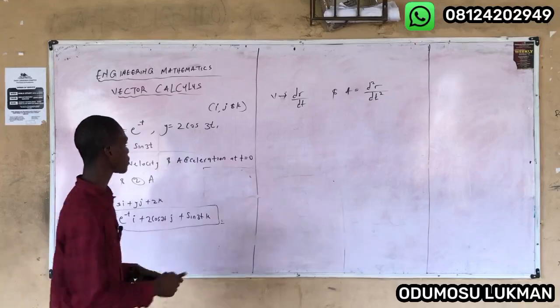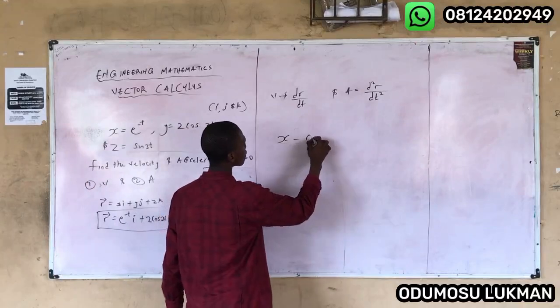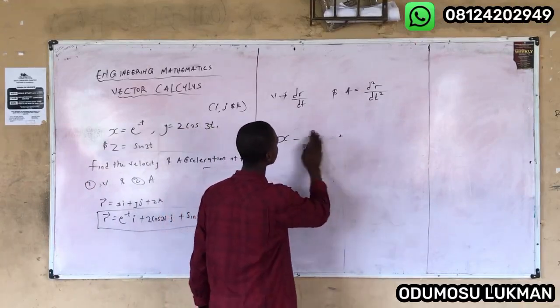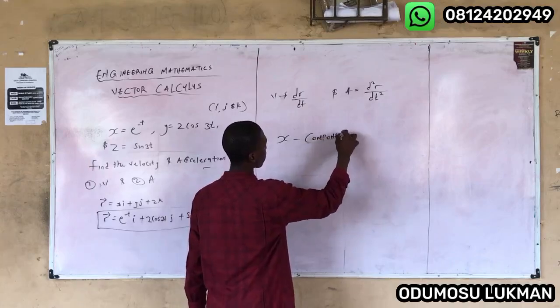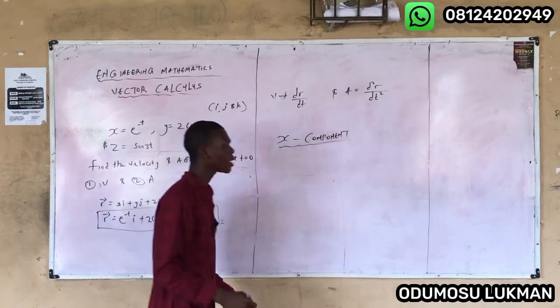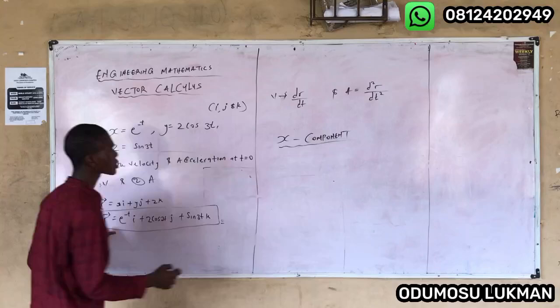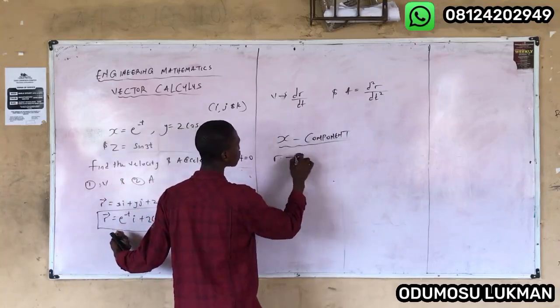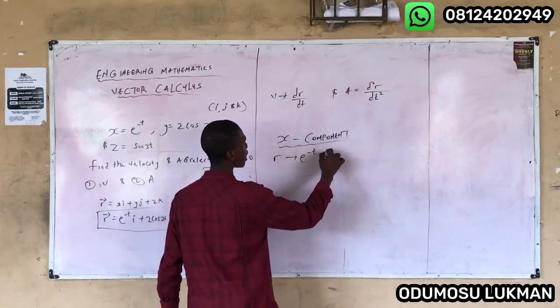Now let's see what we have from here. For the x component, what do I have? I have r equals exponential minus t i.